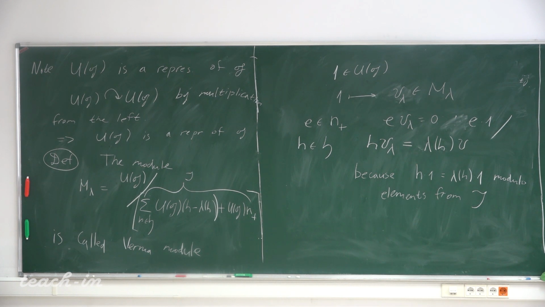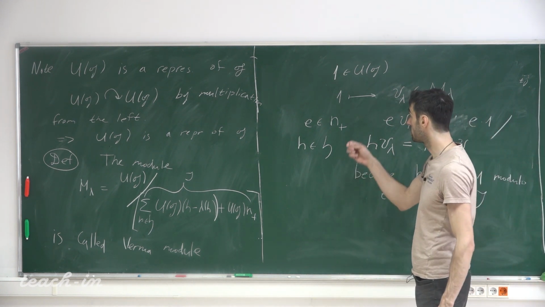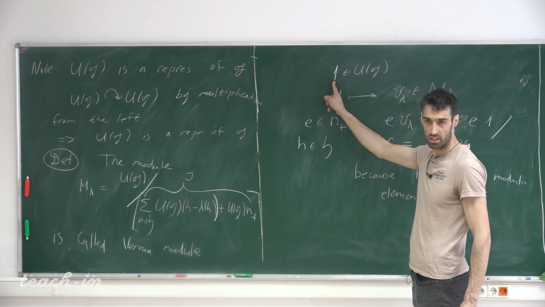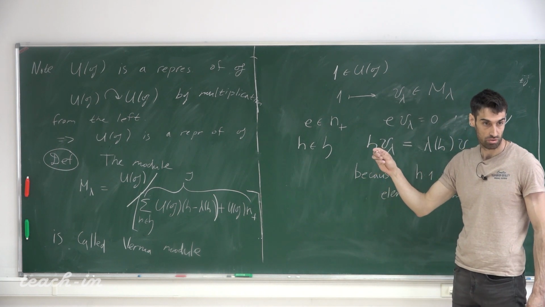Very well. Also, since the whole U of G is obtained from 1, the whole M lambda is obtained from V lambda by applying U of G, right?